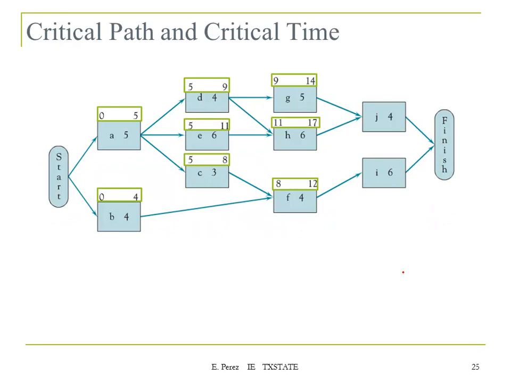You're going to look at both nodes and find the earliest start time. Then you go to the next one and repeat the process. Then you find that the total duration of the project is going to be 21, which is based on the path that goes through this node.